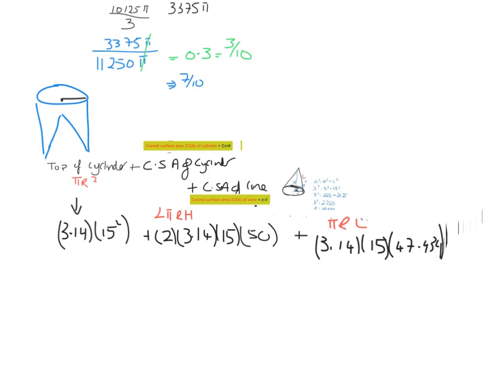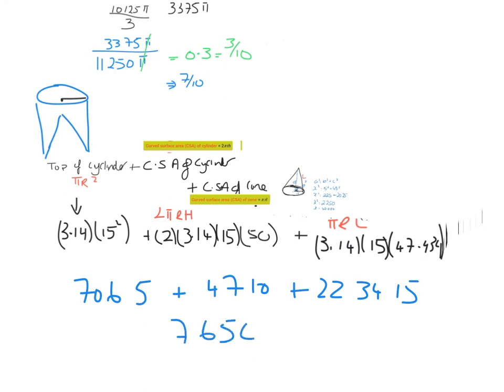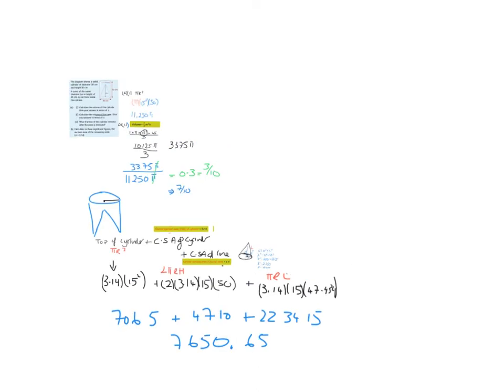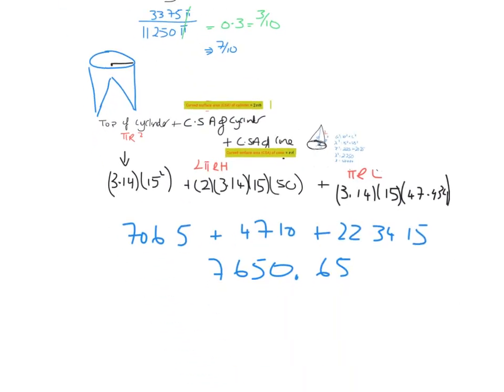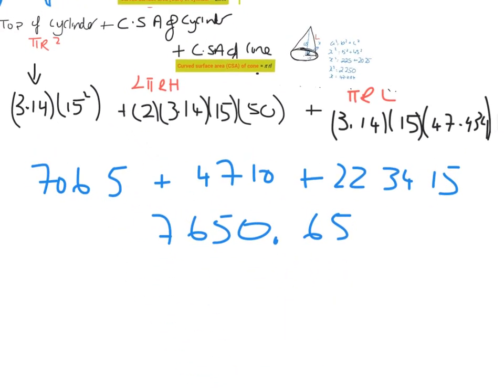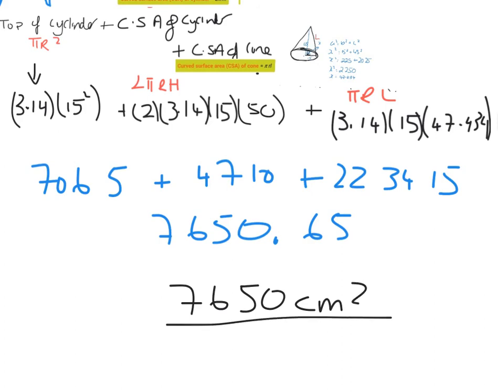For this bit here, I should get 706.5 plus 4710 plus 2234.15, and that should give me 7650.65. The question said to 3 significant figures. Remember, that means 3 numbers, and zeros don't count if they're after it. So 7650 is my 3 significant figures. And remember, we're dealing with area, so it's going to be centimetres squared.